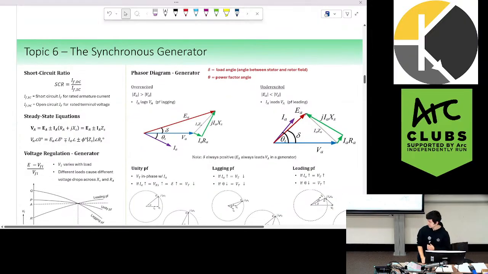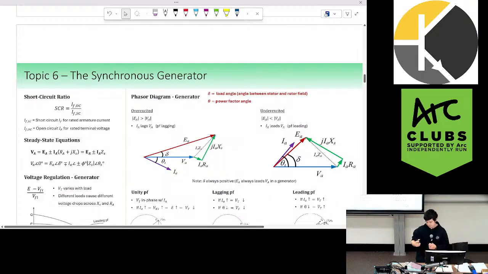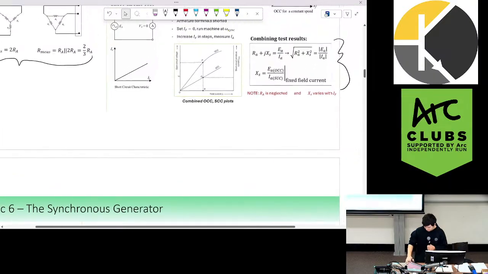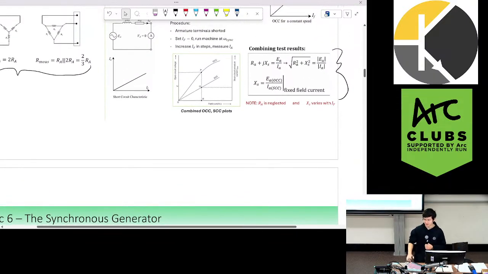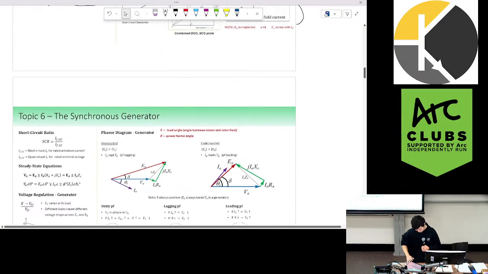A little teaser for what's to come in a special question is your short circuit ratio. It's mentioned in the slides. It doesn't give any actual bonus information other than the fact that it is equivalent to the reciprocal of the per unit value of the saturated synchronous reactance, which is a lot of words, but trust me, they sometimes come in handy, okay?